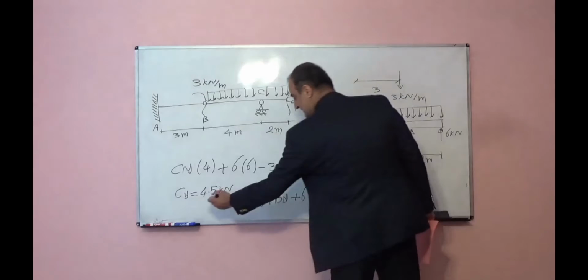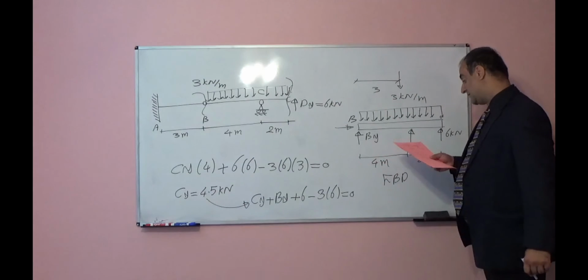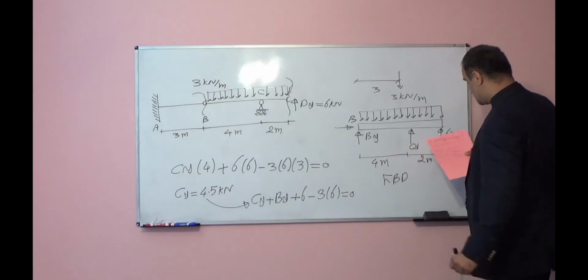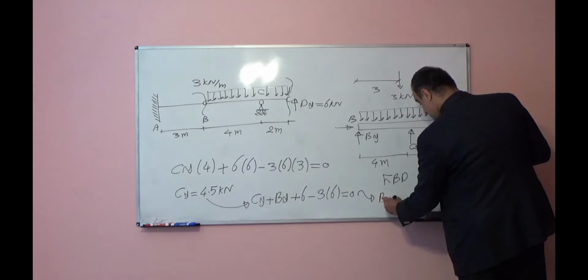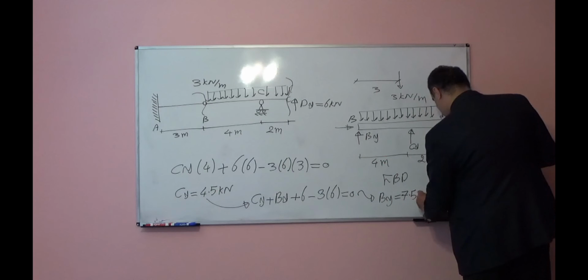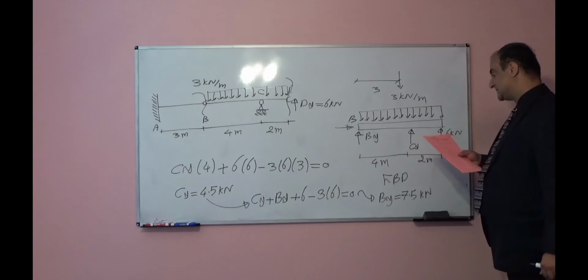Because Cy I found it is 4.5 kilonewton. If I plug there, I will find By. By will be 7.5 kilonewton, and upward direction I selected, it is right.